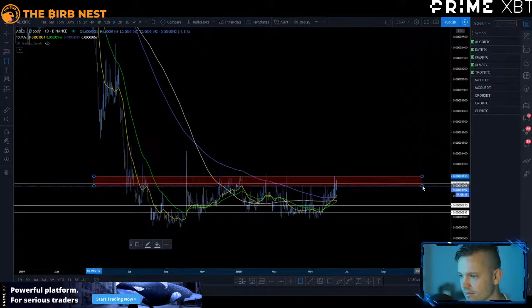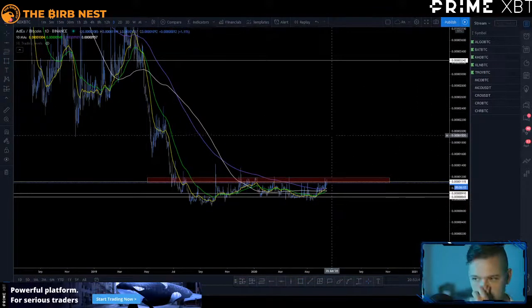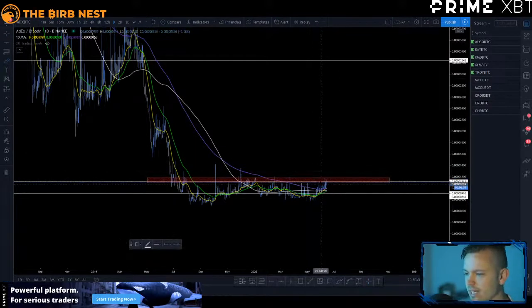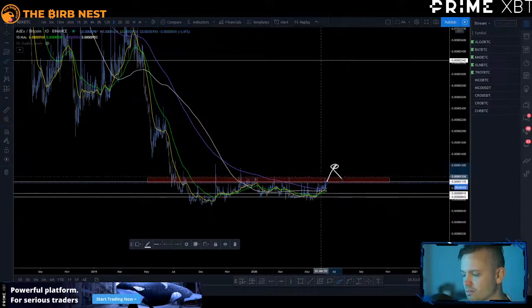I like that level. So what I like to see here is, it's a pretty clear range here, right? I'd like to see a breakout, daily open close above, long the first retest, stop loss below the last swing low in the 4 hour, the hourly, or whatever. So green list, definitely. This looks ready for a strong move.